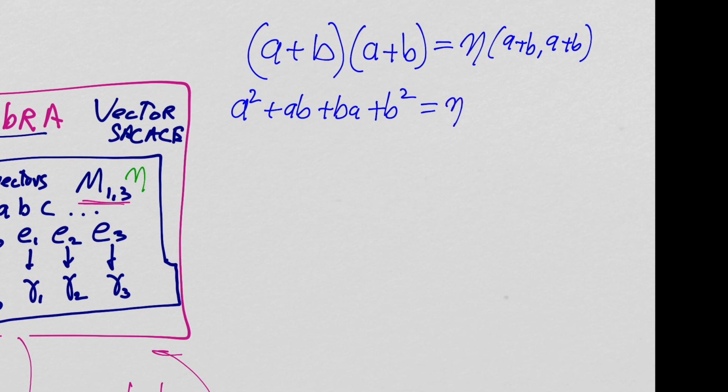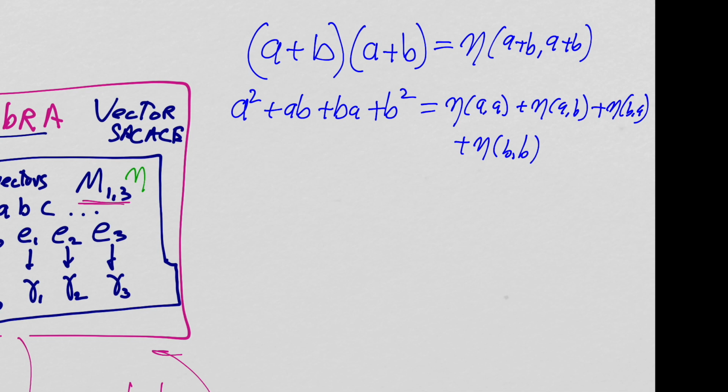So this becomes eta of A, A plus eta of A, B plus eta of B, A plus eta of B, B, right? And we know that eta, being the Minkowski metric as it is, is symmetric, right?